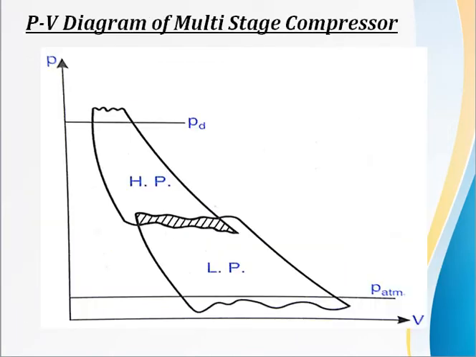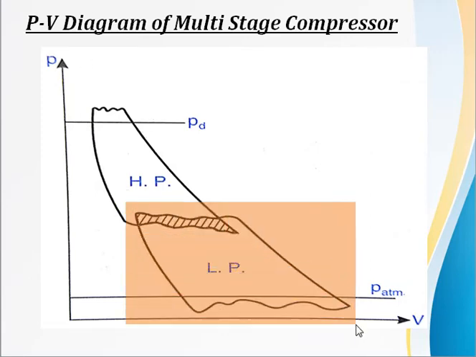So let us see the PV diagram of a multi-stage compressor. Now in the previous diagram only we have seen, but here it is with a clearance volume. Now in this diagram you can clearly see the LP cylinder diagram, and these are the wavy lines below the atmospheric pressure.